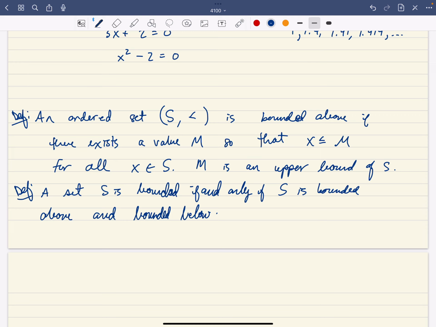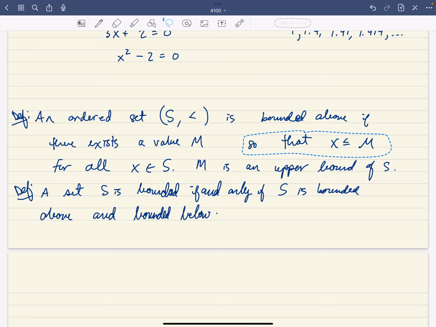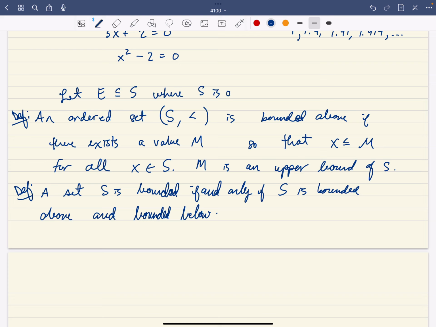Probably I should be a little bit more careful here. Let me actually take one thing back just to make it clear. Let me amend my definition just slightly. Let's let E be a subset of S where S is ordered.